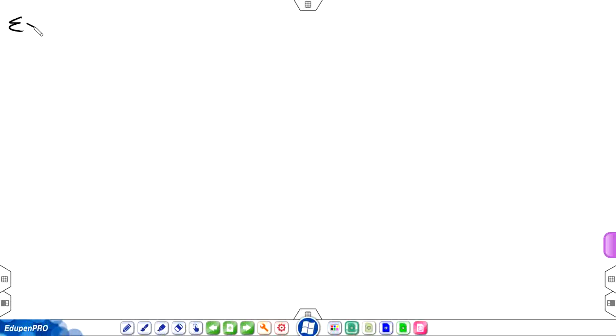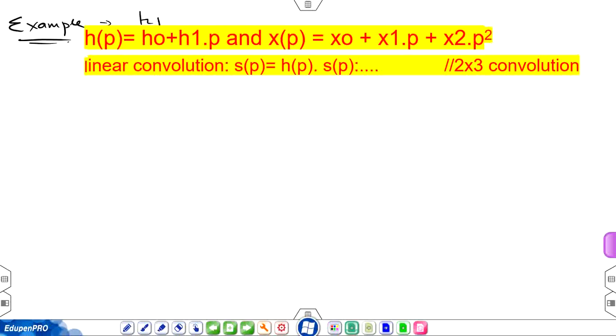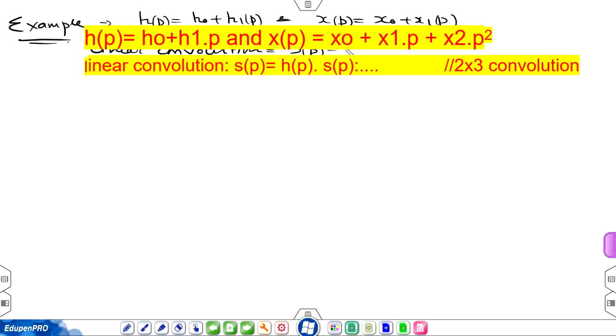So example. Given two polynomials h(p), that is h0 plus h1 p, and x(p), that is x0 plus x1 p, and their linear convolution is given by s(p) equal to h(p) into x(p).